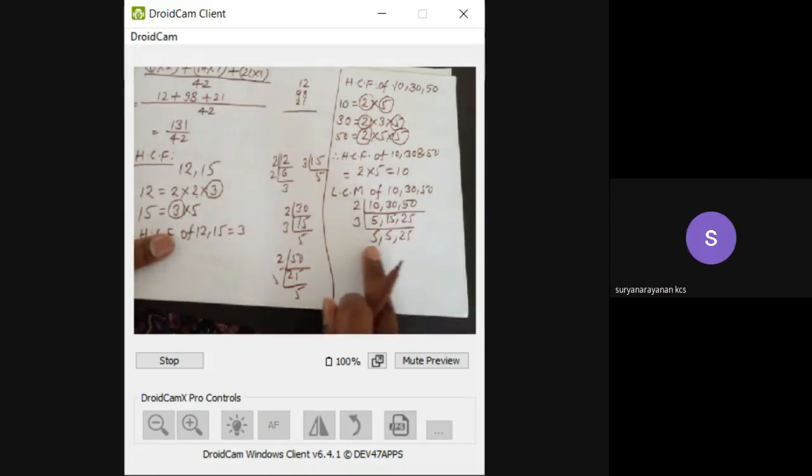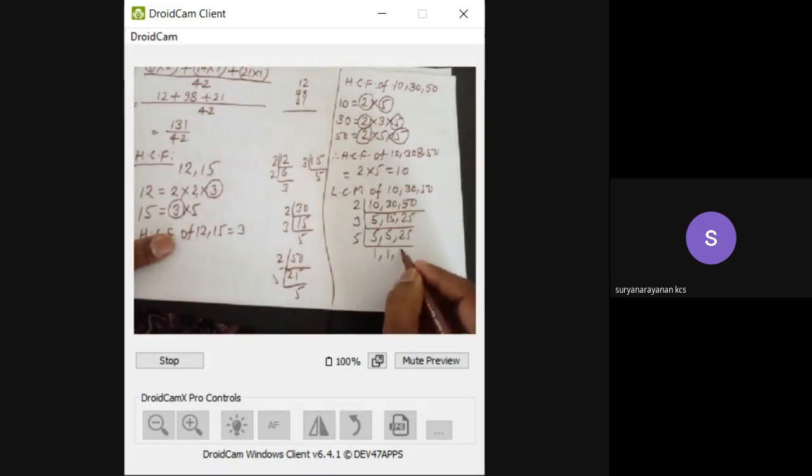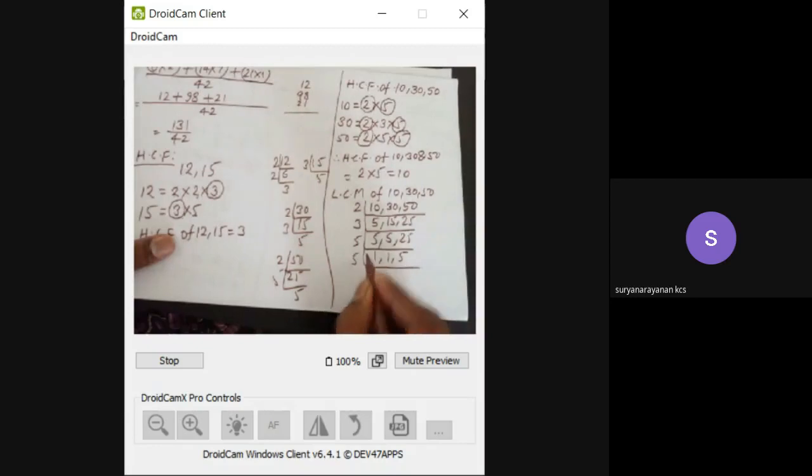Here 3 does not divide any number, so we go to the next prime number, 5. The 5 table divides here 1, 1, 5 times. Again, only one number is left, 5, so we can take the 5 table directly. The other numbers, we carry down as they are. Understood these steps? Yes, sir.